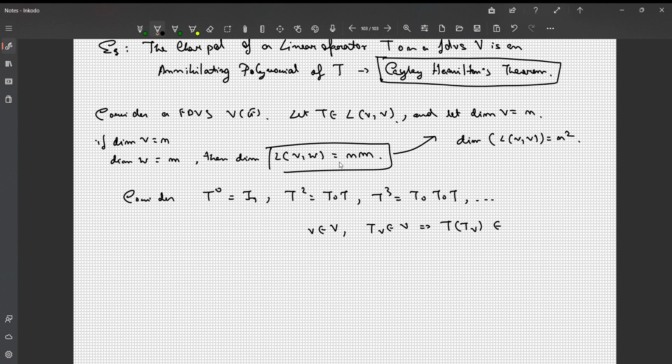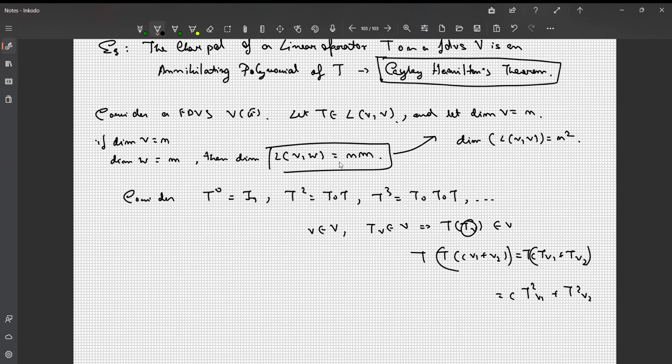Since T is a linear operator, basically what happens? Suppose T(c v1 + v2) = c T v1 + T v2. But if I apply a T here, it's simply c T squared v1 + T squared v2, right?